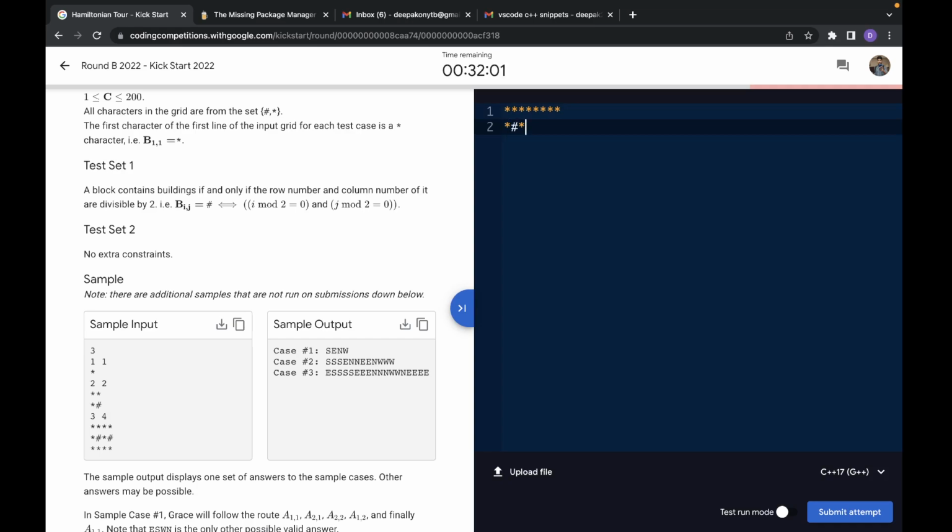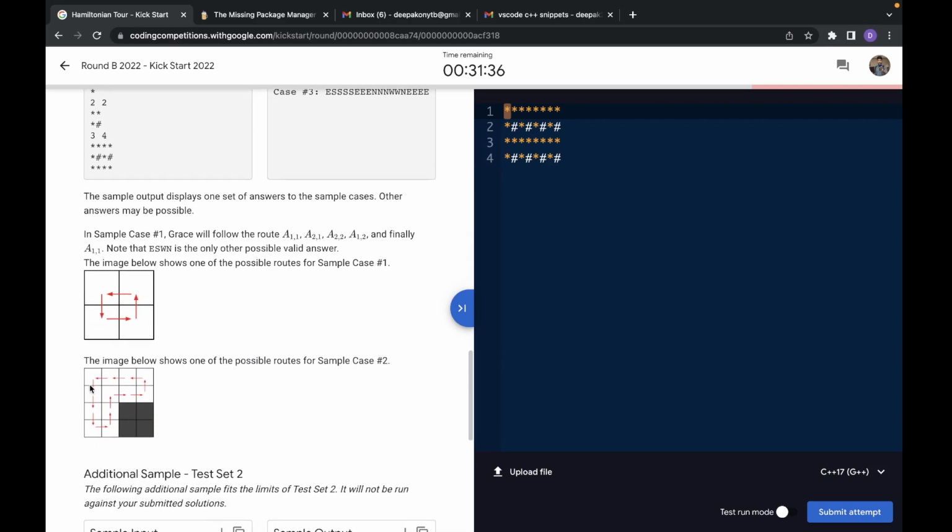Then again you'll have all empty, then alternate empty and obstacle. So this kind of structure. Note that every star is nothing but four cells, not one cell.